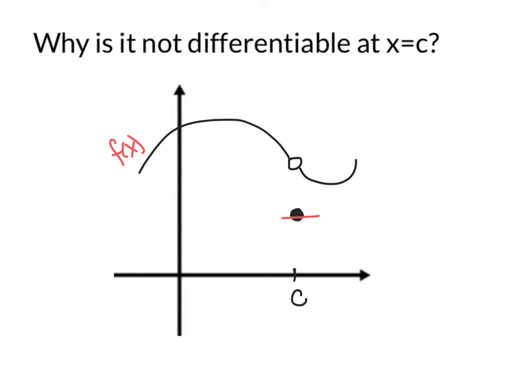Does it look like this? Is it positive? Is it negative? All these tangent lines are kind of just teetering on that point c because c is not locked down into this function here. So why is it not differentiable at x equals c? Because f is not continuous at c.